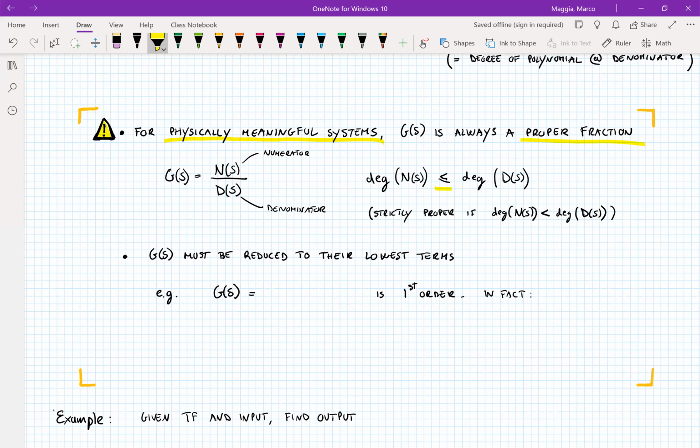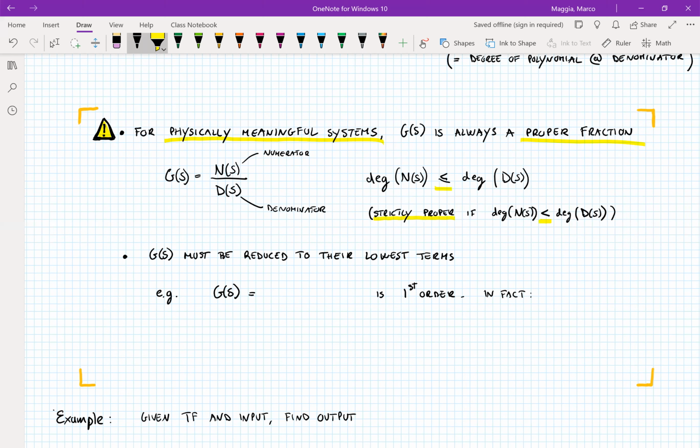And again, going back to basic math, a strictly proper function is when the degree of the numerator is just less than the degree of the denominator, not equal. So proper is when you allow the equality, strictly proper is when you don't allow the equality.